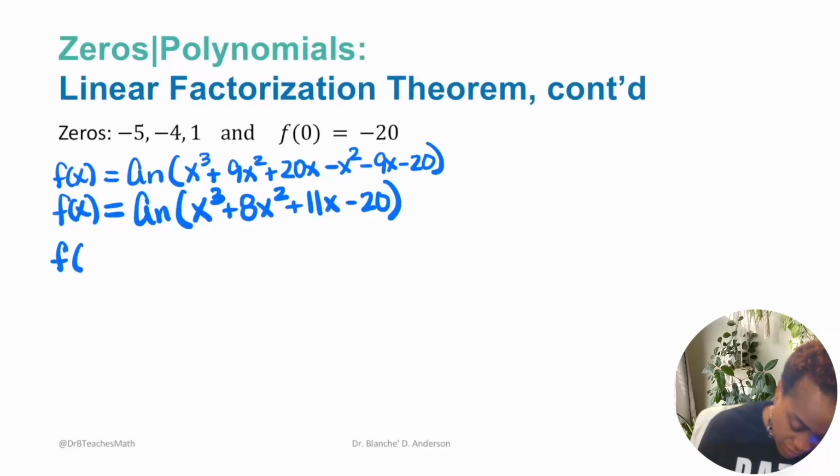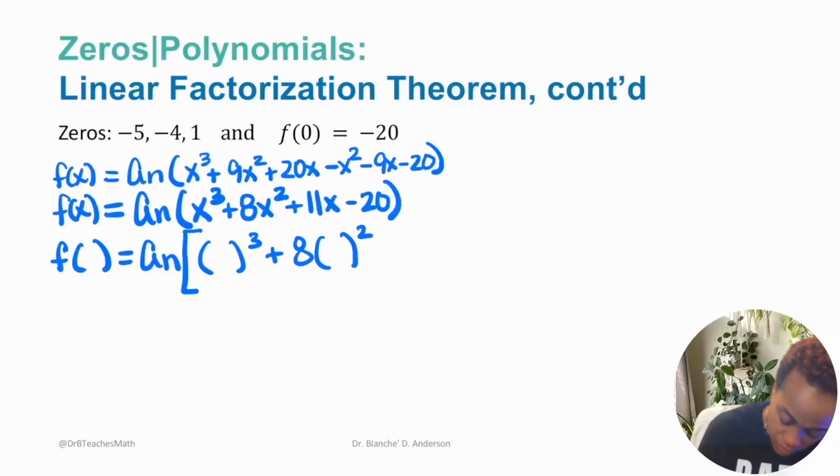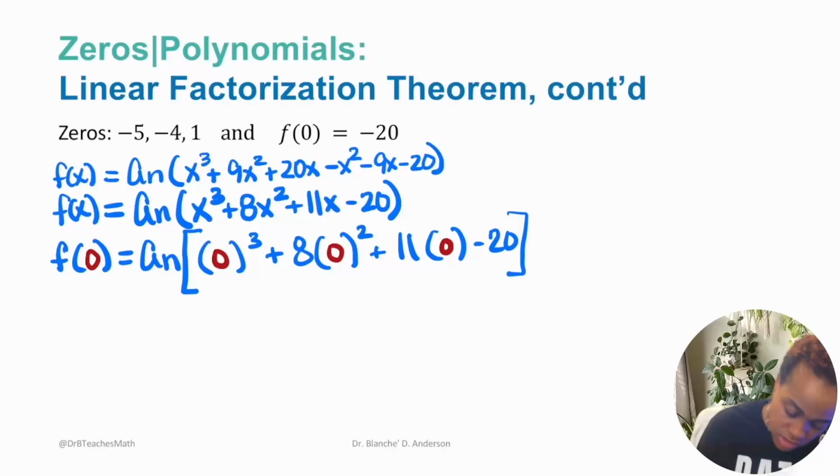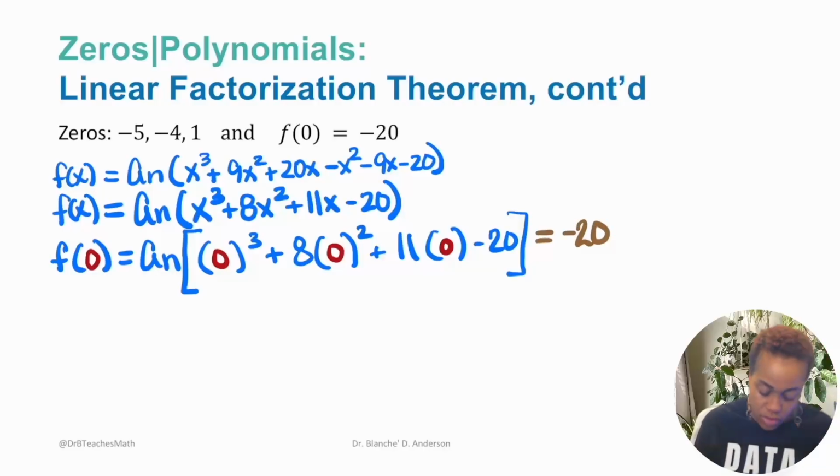So f of, I'm going to write it like this. I'm going to put this in a bracket. Okay. And we're going to put 0, 0, 0, 0. And they're telling us this should equal negative 20.